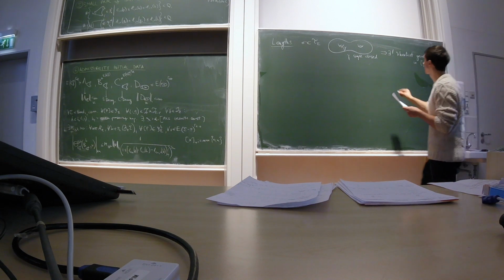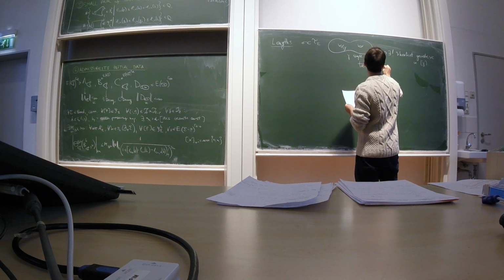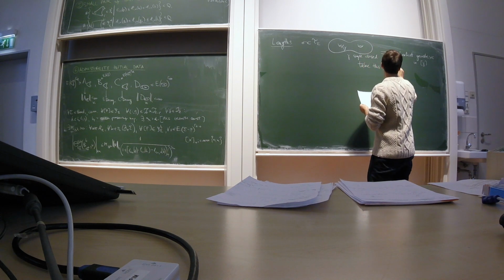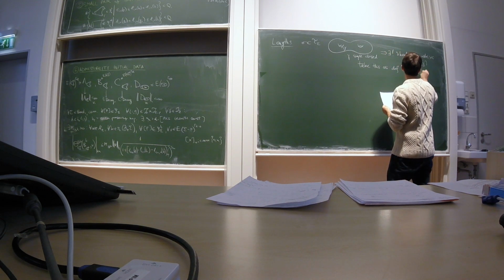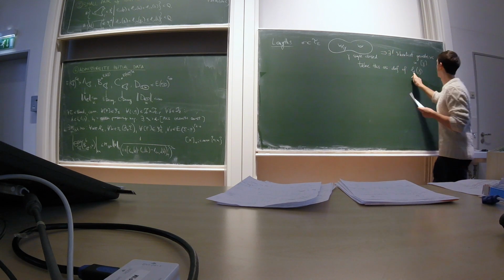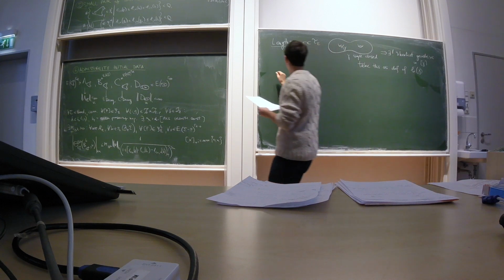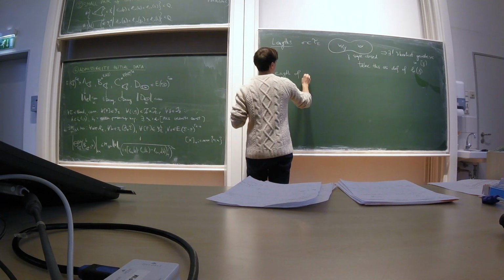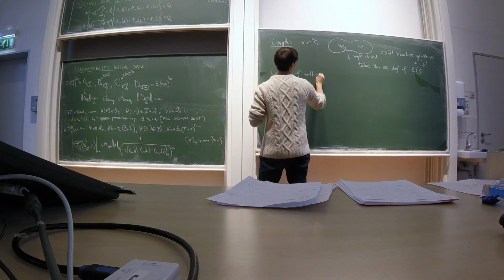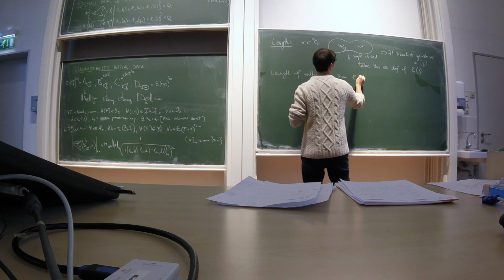And then I take this as definition of length of gamma with respect to the hyperbolic structure. And then the length of the multicurve is just the sum of the lengths of the components.